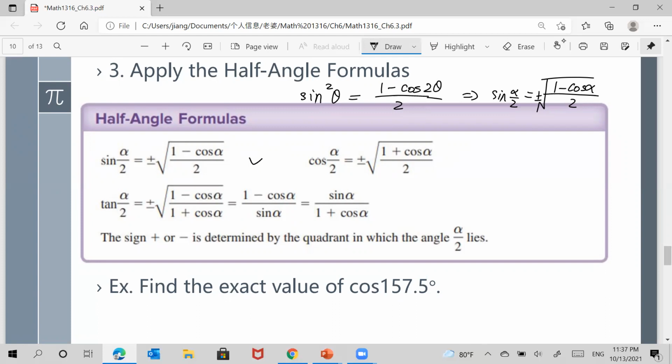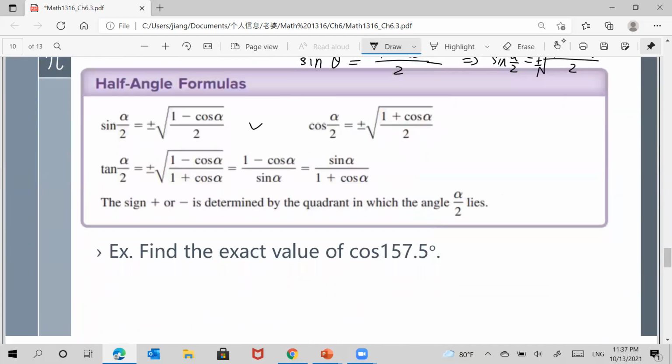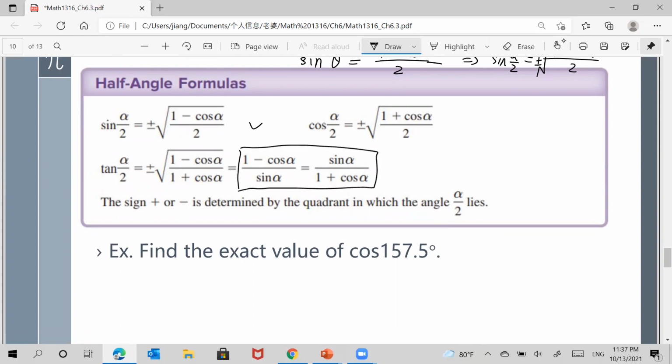Okay, so cosine alpha over 2, that's plus or minus the square root of 1 plus cosine alpha over 2. Sorry. Tangent alpha over 2, that's plus or minus square root of 1 minus cosine alpha divided by 1 plus cosine alpha. And also these 2 are important.